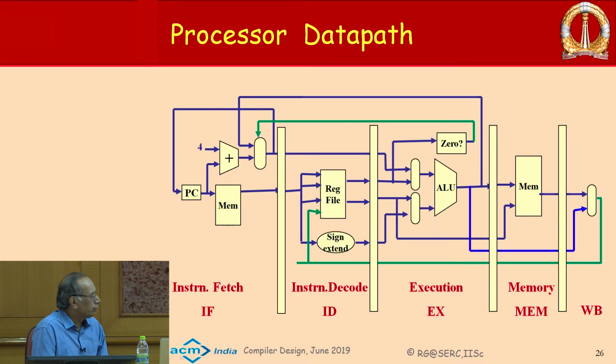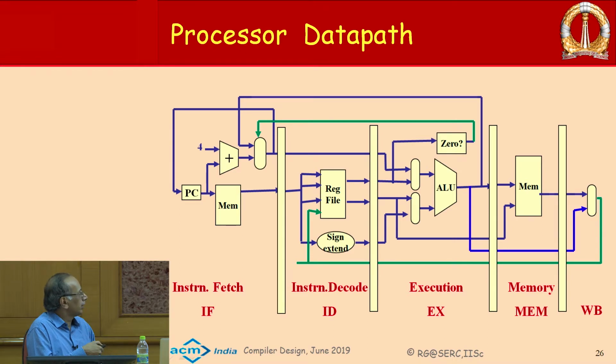Okay, let's quickly look at how the processor pipeline would look and what it does in each of these stages. In the instruction fetch phase, you are essentially fetching the instruction. As we mentioned earlier, PC gives the next instruction which has to be fetched.